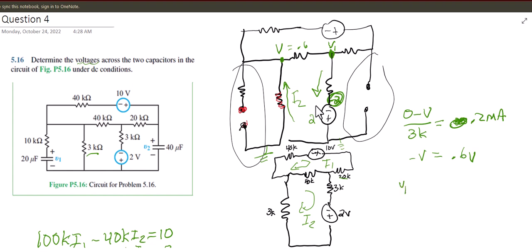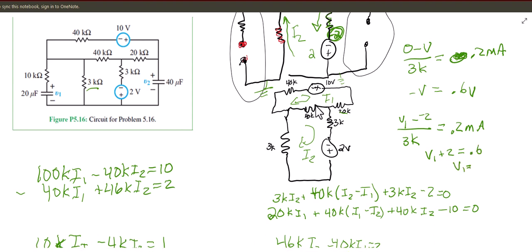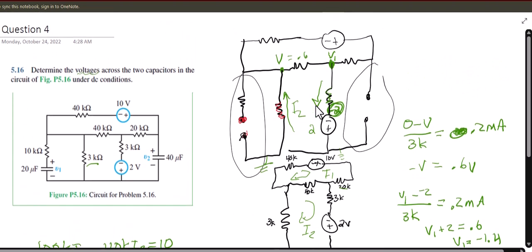So V1 minus negative 2 over that resistor, which is 3K, also equals I2, which is 0.2 milliamps. So 3K times 0.2 milli is 0.6. So V1 plus 2 equals 0.6, or V1 equals minus 1.4. Okay, so now I have V1.